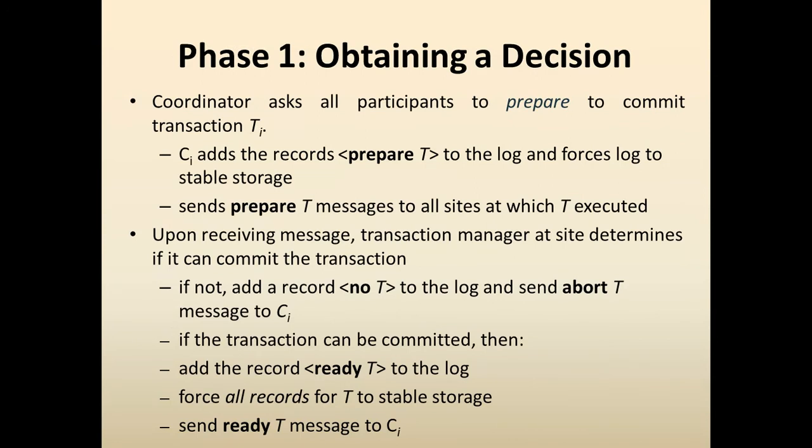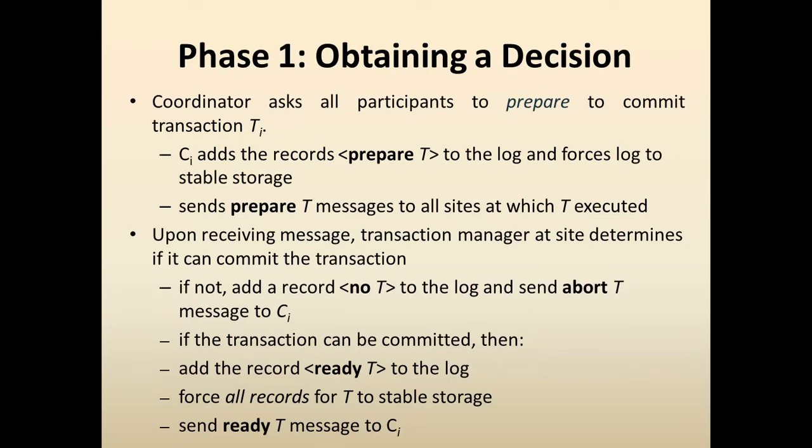In phase 1, obtaining a decision, the coordinator asks all the participants to prepare to commit transaction Ti, and Ci adds the record <prepare T> to the log and forces the log to stable storage, and sends prepare T messages to all sites at which T executed.